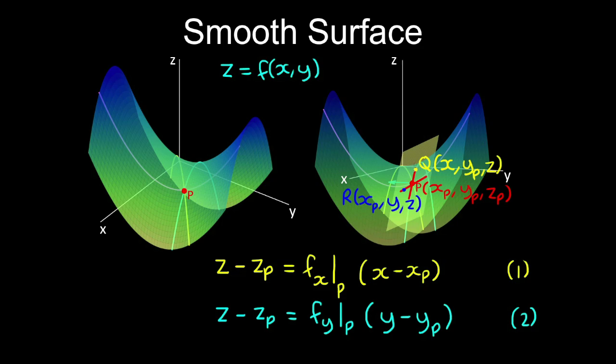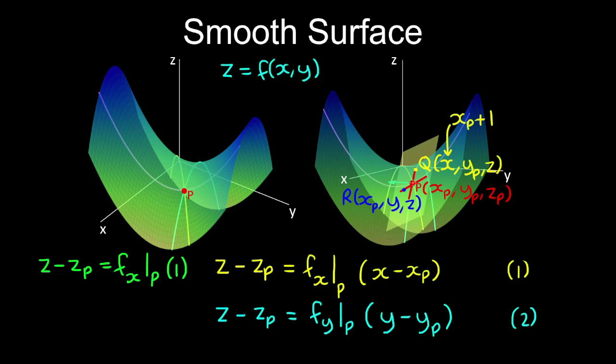So if we arbitrarily choose an x coordinate of xp plus 1 on this tangent line, then we can calculate the z coordinate. So this equation would give z minus zp is equal to the partial of f with respect to x evaluated at P, multiplied by xp plus 1 minus xp, which is 1.